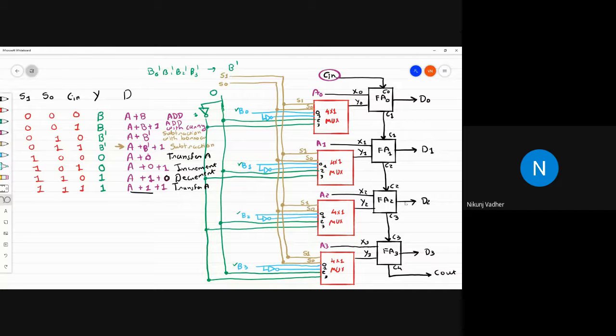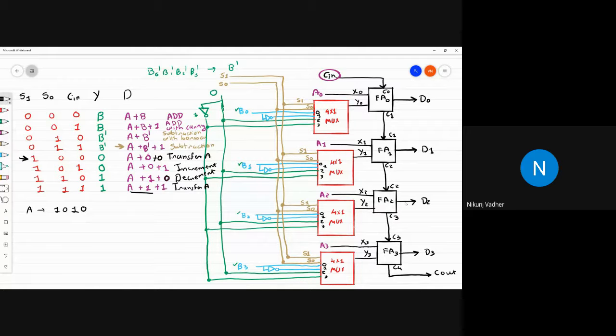Let's take the value of A as, let's say, 1010. Right now we are discussing this one. So A plus 0 plus 0.